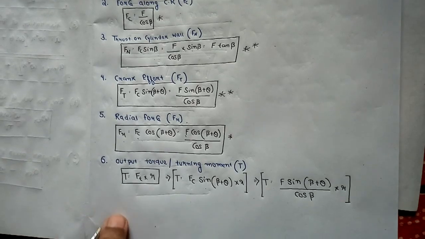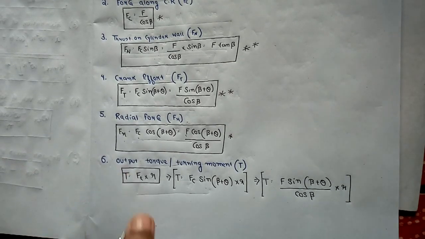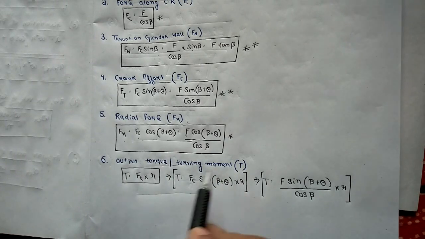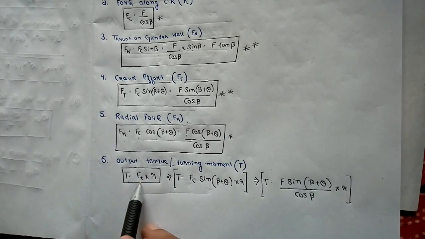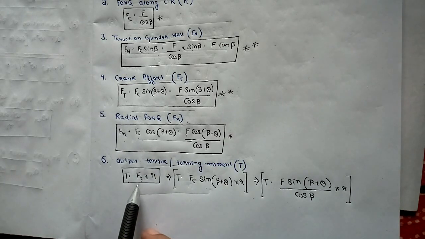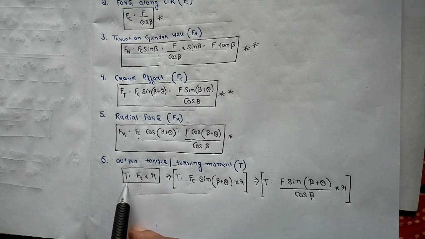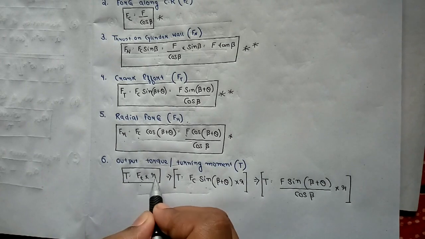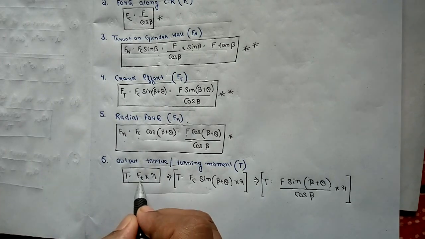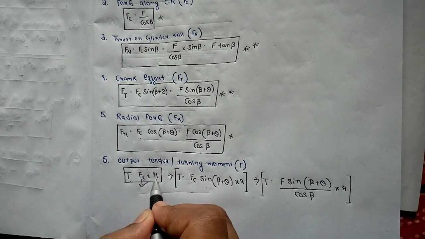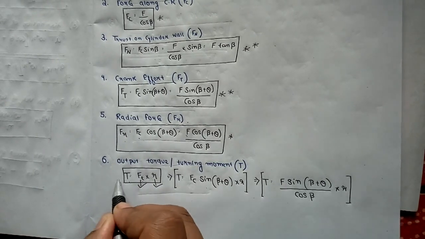The important thing here is that you may be asked for the output torque or the turning moment. We know that torque equals force into radius, so here the torque will be Ft into R, and you know how to find Ft by the geometry. You simply multiply it with the radius of the crank, which will be given, and you find the torque.